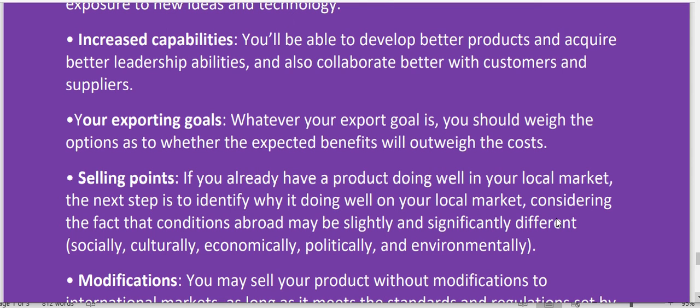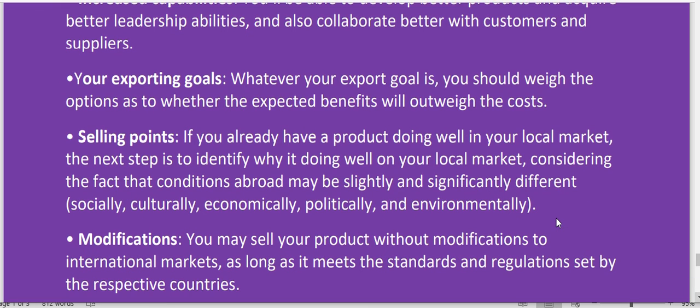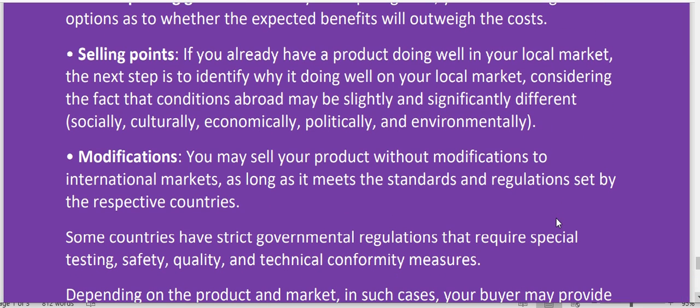If you already have a product doing well in your local market, the next step is to identify why it's doing well, considering that conditions abroad may be slightly or significantly different. For example, socially, culturally, economically, politically, and even environmentally, because our weather conditions in Africa are quite different from other countries as well. And then your product modification.